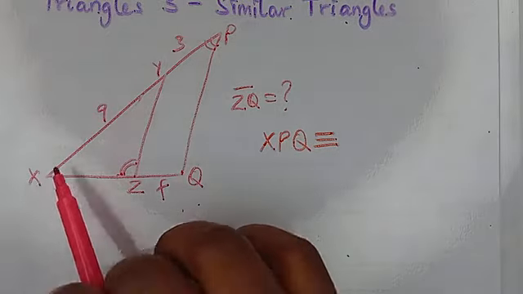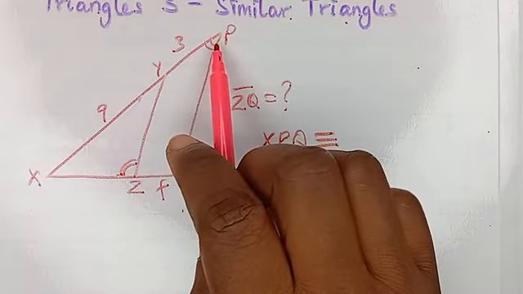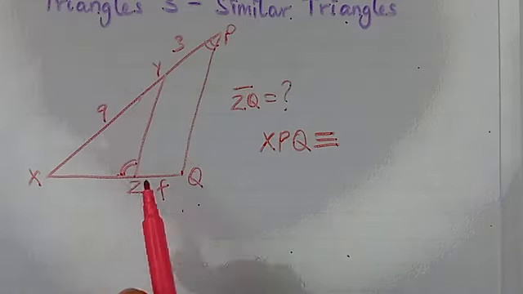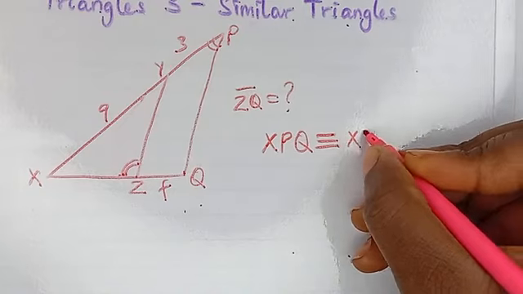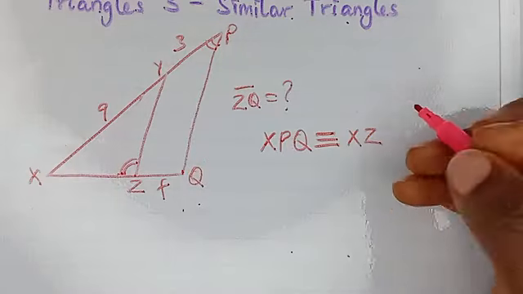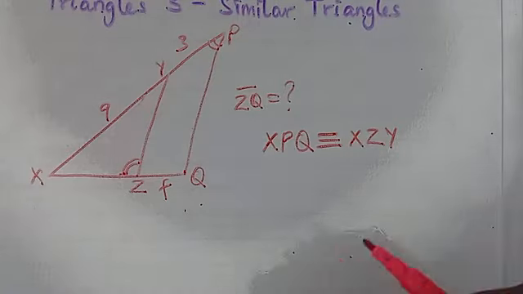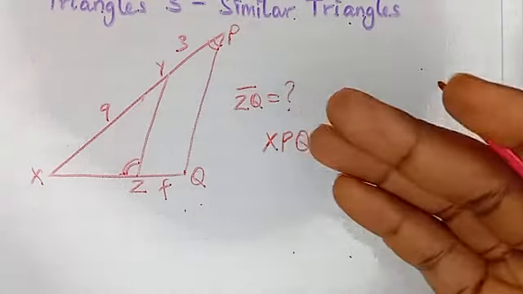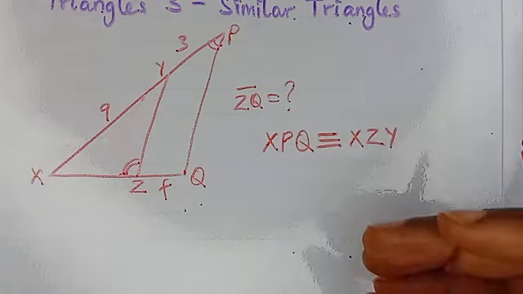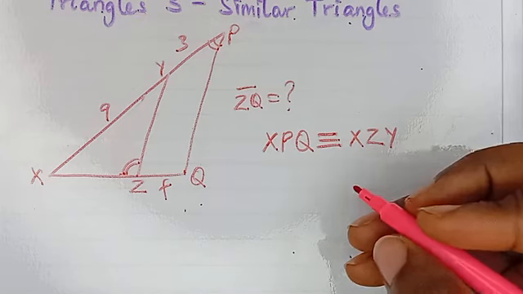So we start from this side they share to the angle given. So XP, XZ, and then the third letter for the small triangle is Y. So we have named it accordingly. So I believe by now, when you see any equivalent triangle, you can name them accordingly. Very easy thing to do, but that's one of the most vital things to do before solving similar triangles.